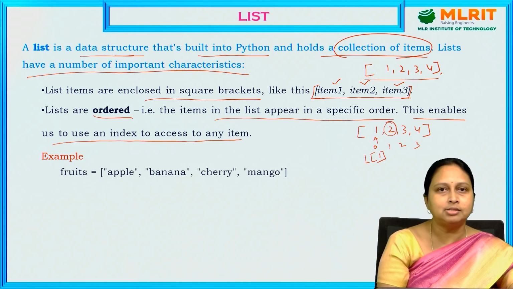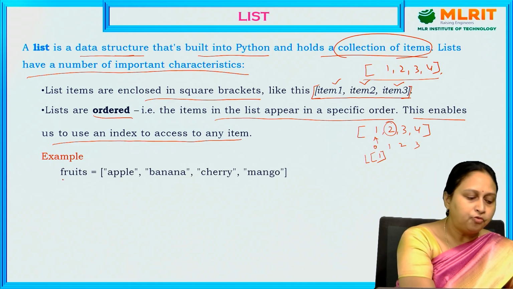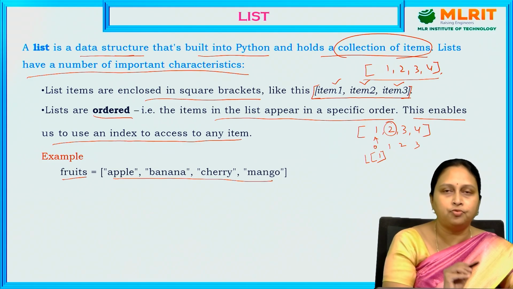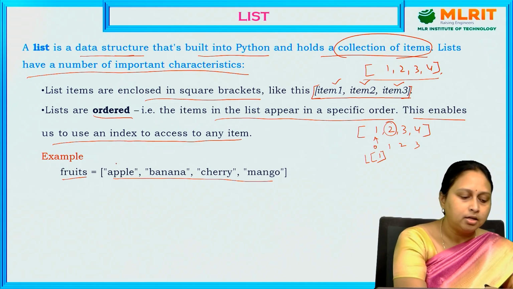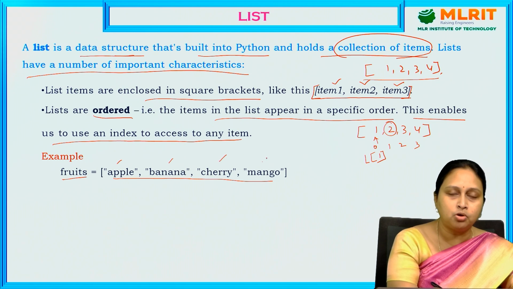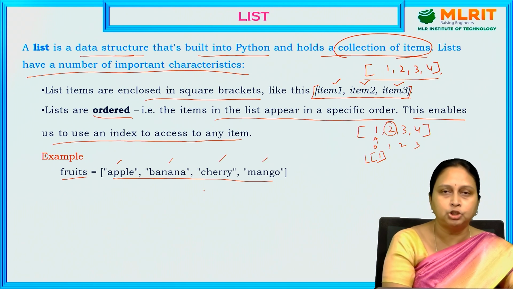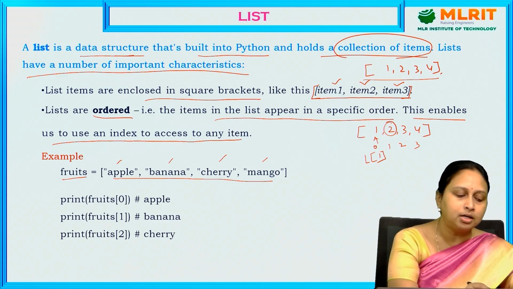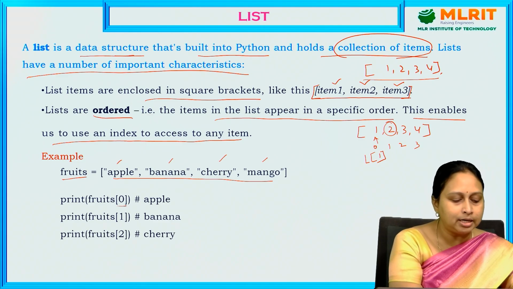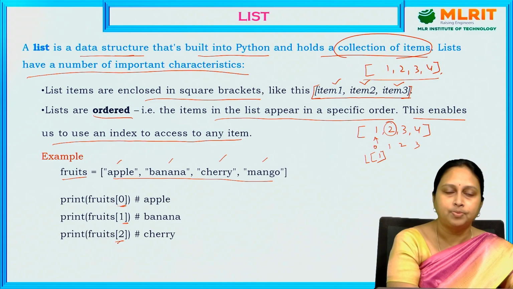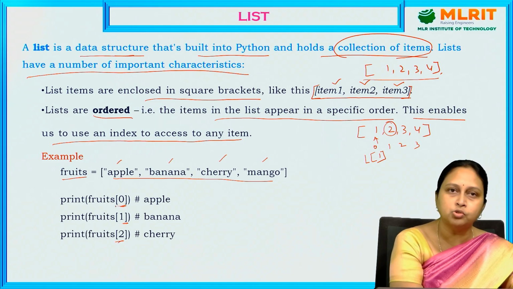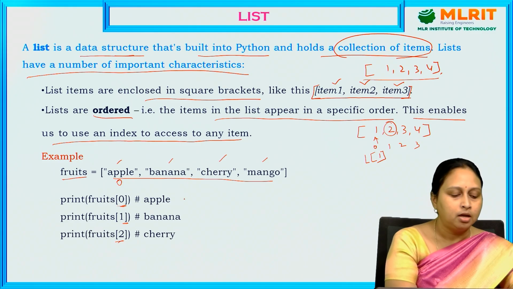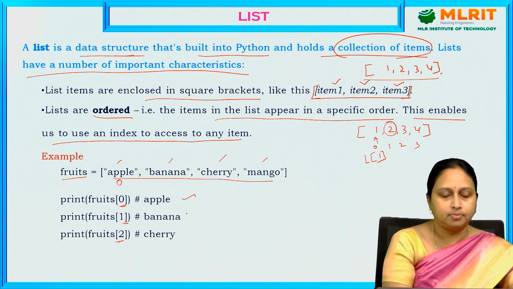And here you can see the example, the fruits. As I told you, it is an ordered set of elements. In alphabetical order all the elements have been stored: apple, banana, cherry and mango. Now, if I want to access a particular fruit, I can access it based on its index. If I access fruits of 0, this is index 0, so I can print the value apple.